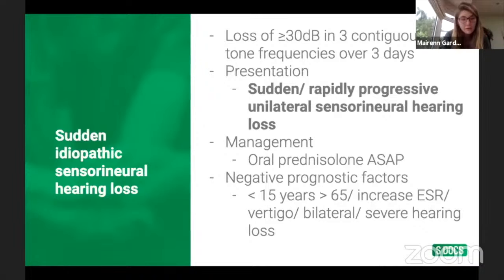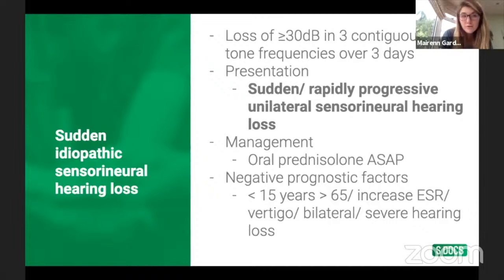And then our final cause of hearing loss is sudden idiopathic sensorineural hearing loss. With conductive hearing loss, you should always be able to find a cause for the hearing loss. However, with sensorineural hearing loss, sometimes there is a cause that can't be found.